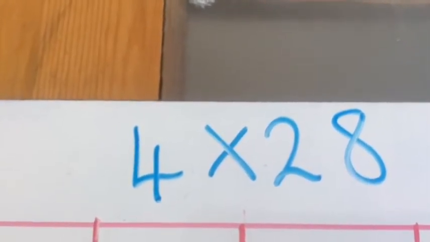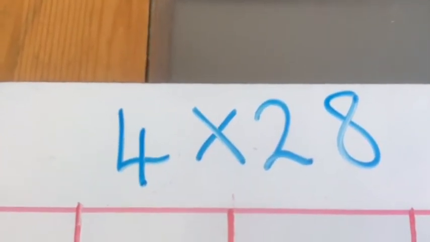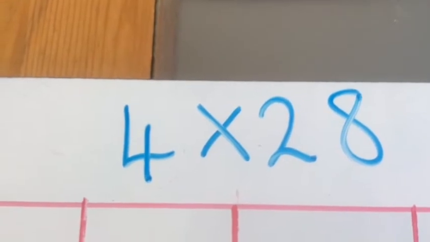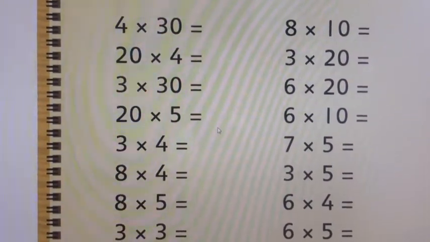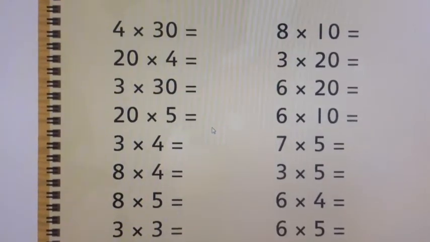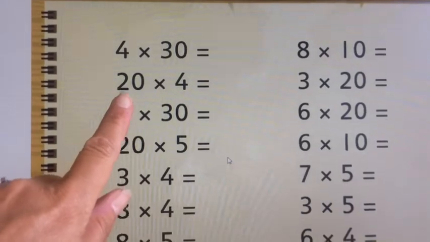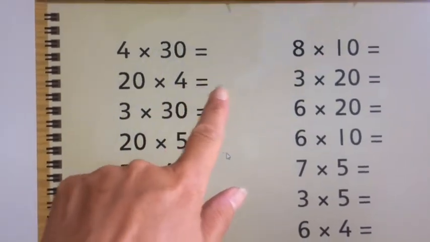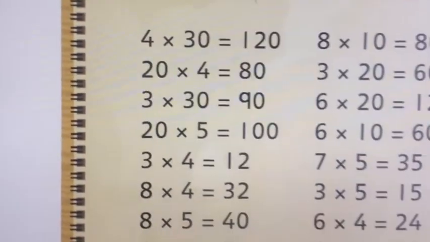Let's try and use some of the multiplication facts we've already found out the answers to help us work this one out. 4 times 28. Which facts can we use? I can't see 4 times 20 there, but I can see 20 times 4, and we know that will give us the same answer. Let's look at the next screen. The answer was 80.